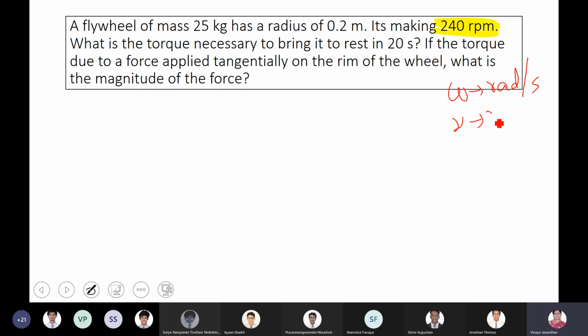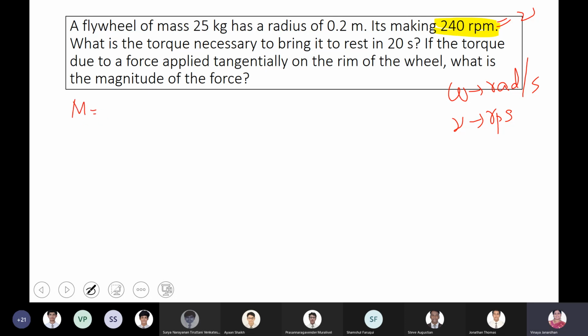Nu will be measured in rotations per second. So minutes means you have to convert it to seconds. What you get is nu. This you have to convert to omega. What is the torque necessary to bring it to rest in 20 seconds? If the torque due to the force is applied tangentially to the rim of the wheel, what is the magnitude of the force?